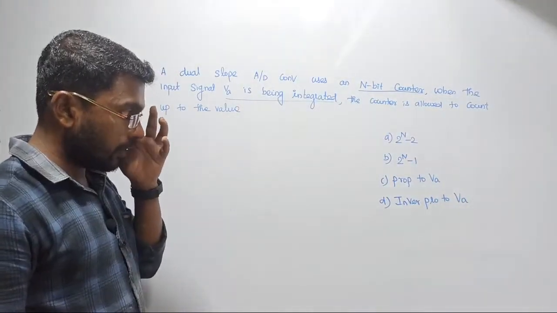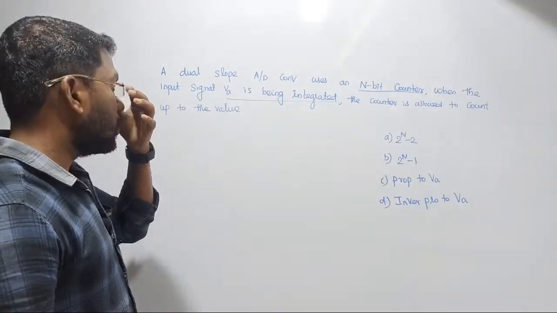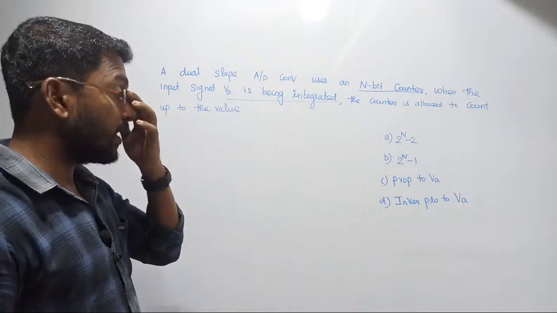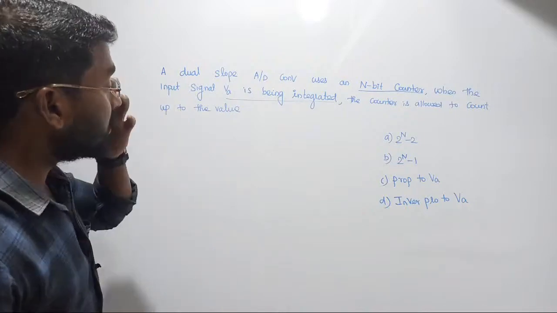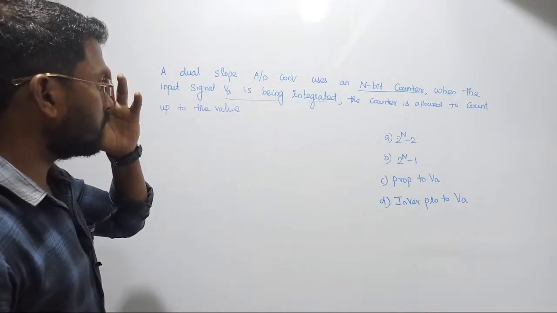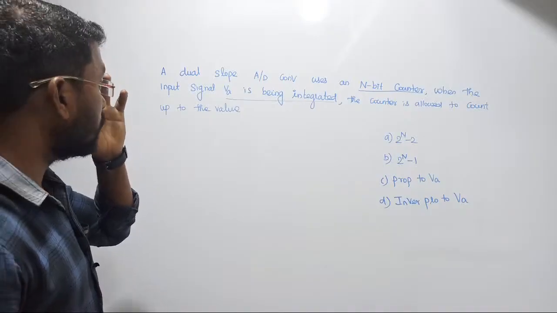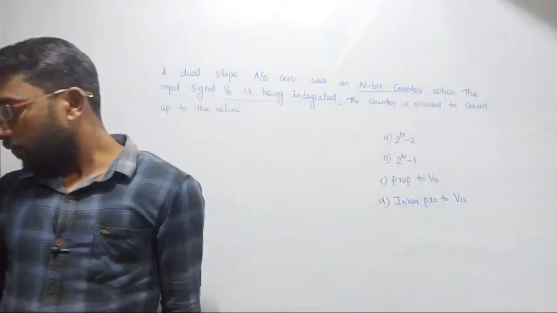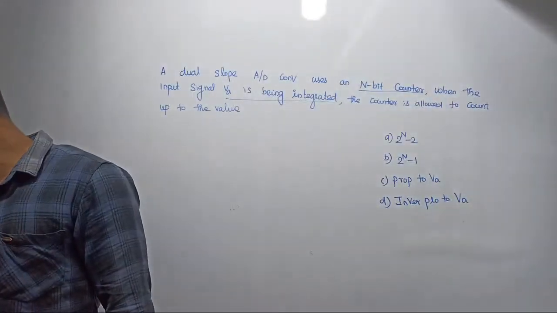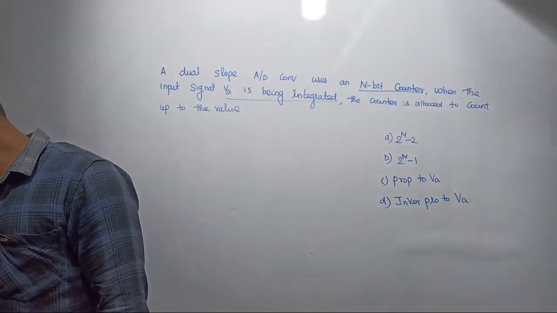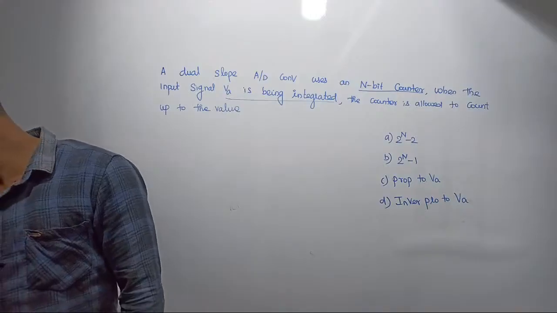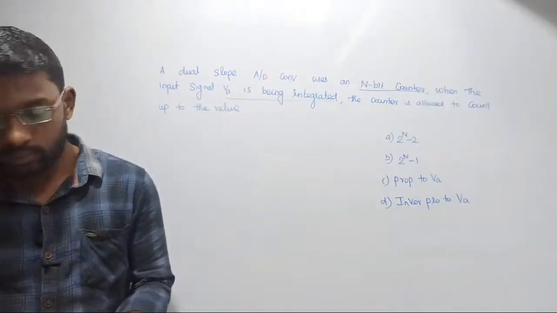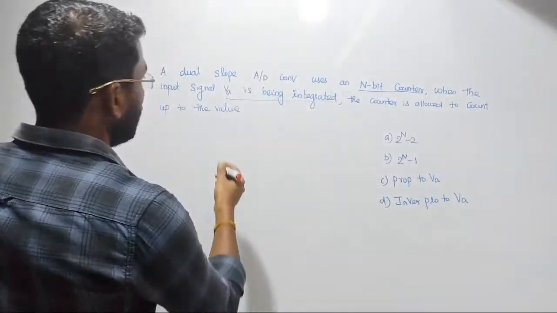The dual slope converter is acting as an n-bit counter when the input signal VA is being integrated. When you are integrating the input voltage, the counter is allowed to count the value up to what? When we are doing integration with the help of this counter. Why are you guys waiting? I don't know.